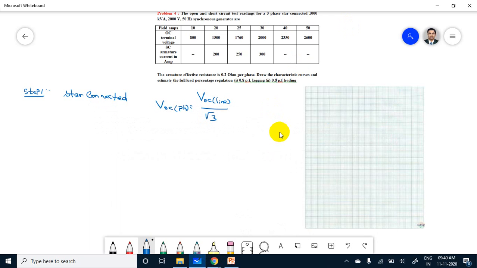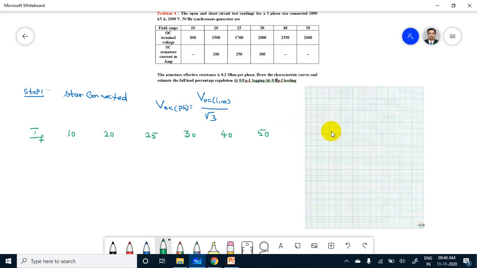Okay, so first step, field ampere. I will represent it in a different color. Field ampere means IF. Okay, IF: 10, 20, 25, 30, 40, 50.